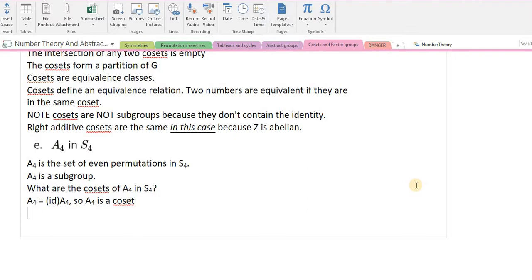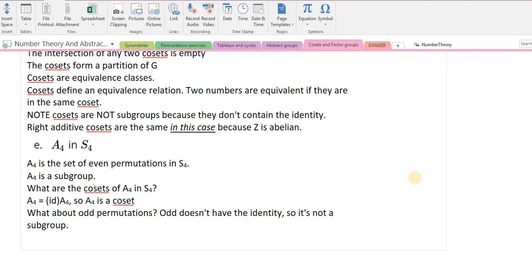When you say the odd is 1, I'm not sure what you mean. Well, odd doesn't have the identity, right? Odd does not have the identity. So odd is not a subgroup.